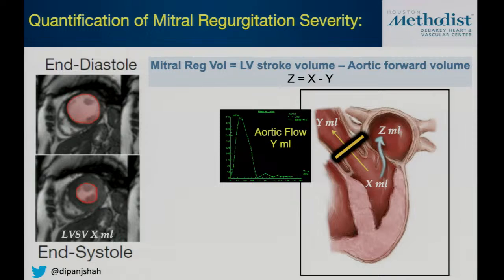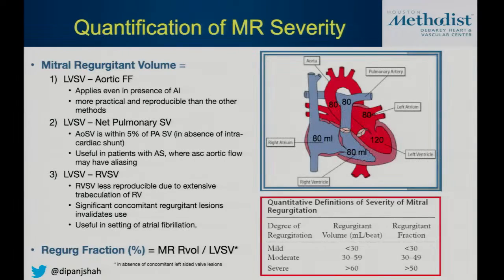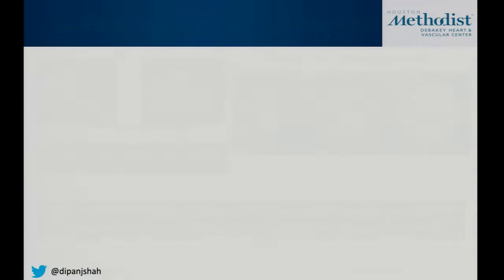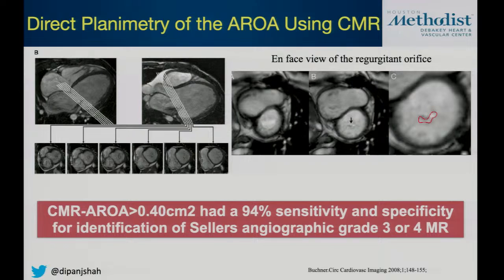Now for mitral regurgitation, to recap, the general approach that we take here is to compare the volume of blood ejected out of the left ventricle to the volume of blood going forward across the aortic valve. That difference in an isolated lesion is going to represent your mitral regurgitation. But also, the semi-quantitative approach would be to look at the size of the regurgitant orifice area for the mitral valve.